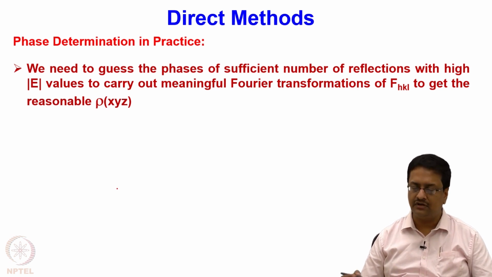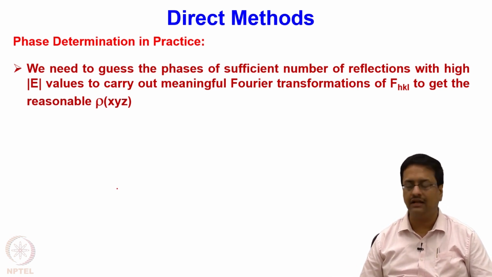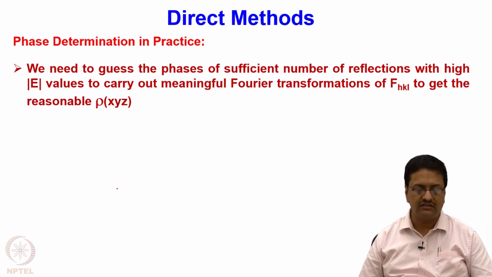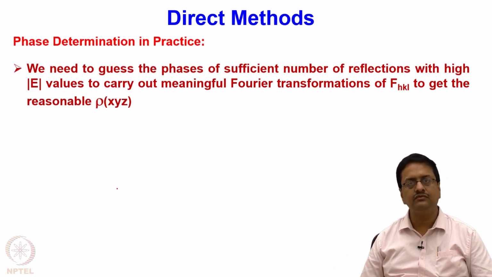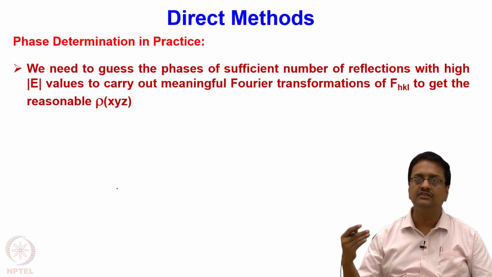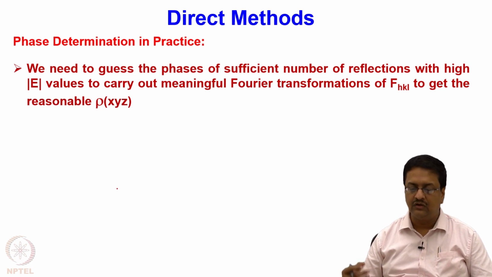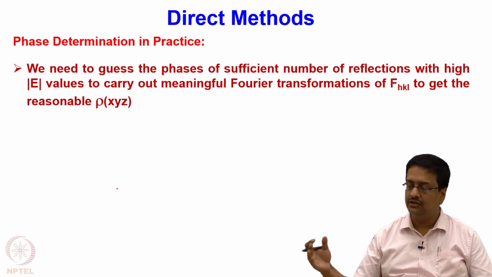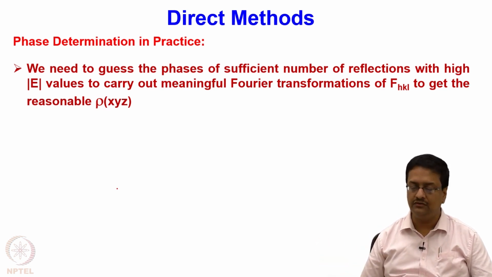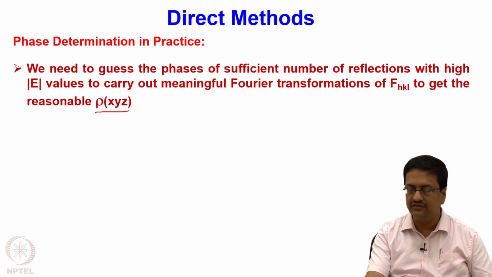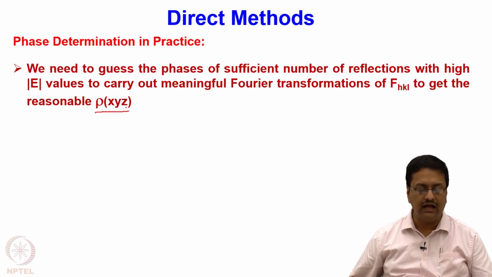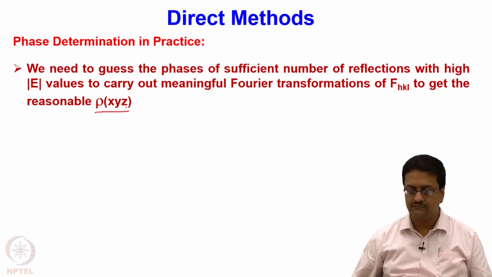What we need in routine practice, the phase determination that we do using a computer program, is to guess the phases of a sufficient number of reflections with high E values to carry out a meaningful Fourier transformation of FHKL, to get reasonable values for rho xyz, which indicates the atom positions.